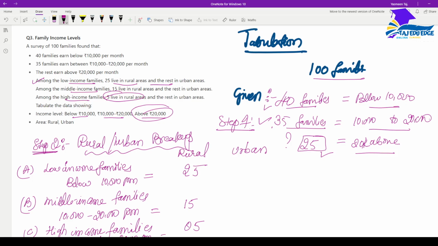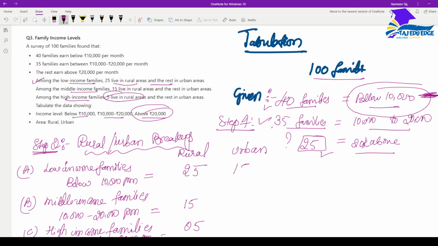40 here below 10,000, this one. 40 families are below 10,000, right? So if 40 families are earning below 10,000, out of that 25 families live in rural, then how many families will be living in urban? That is 15.